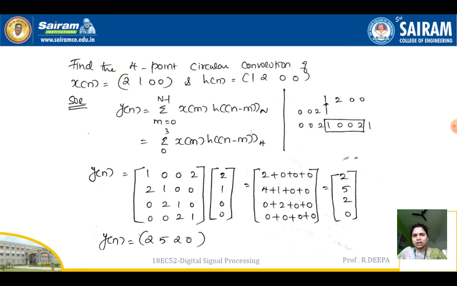That is the first row 1, 0, 0, 2 I have written. Again for the second row in the below matrix, you just take the last sample to the front for n is equal to 1, and for n is equal to 2 the last 2 samples to the front, and n is equal to 3 the last 3 samples to the front. So in this way we have framed the matrix form here, and this is multiplied with x of m, and just do the matrix multiplication.